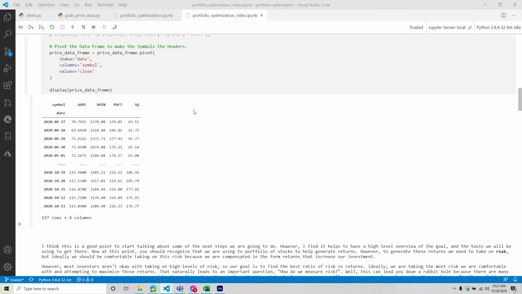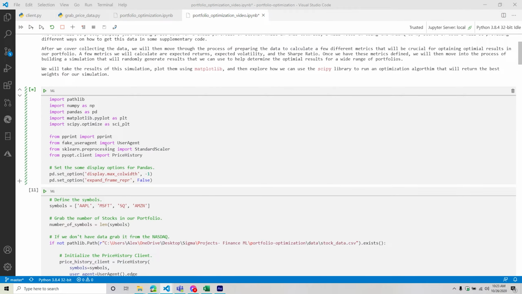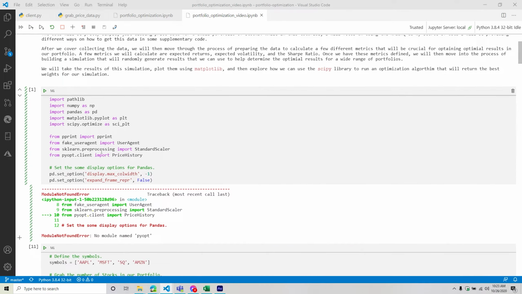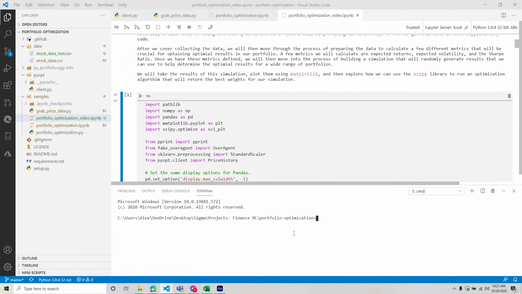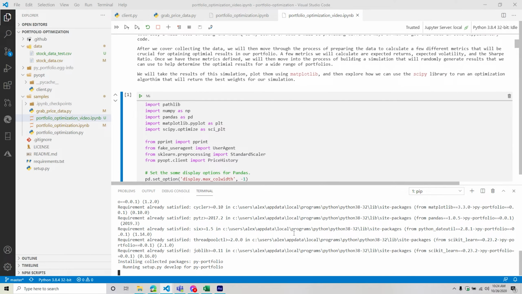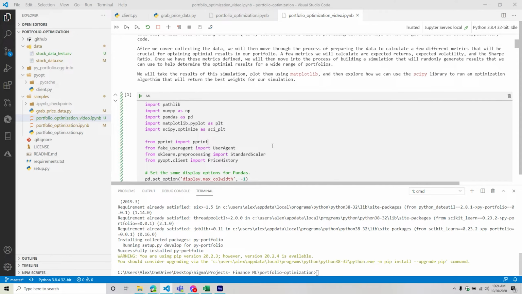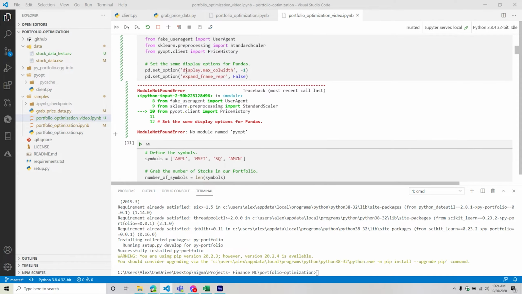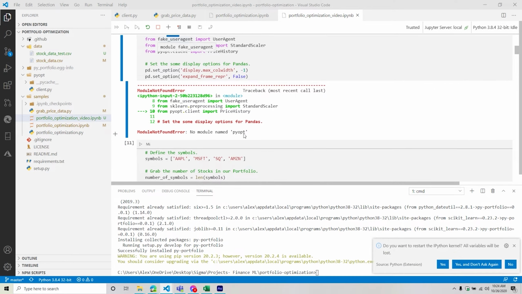Now I just opened up my notebook again, so I do have to run this one more time just to make sure that we can get everything set up. That's right, I have to install it here. Sorry. I deleted my old one, so I have to reinstall it. It's not going to take that long because I already have most of the stuff again. Perfect. Okay, and then I need to restart the kernel.